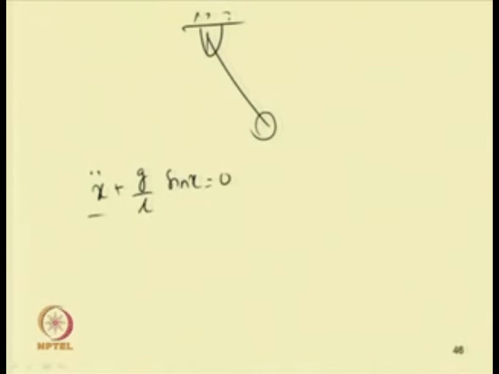Another example you can take is the simple pendulum. The equation is x double dot plus g by L into sin x equal to 0. In this case you can expand the sin x term and plot the response of the system. With this we complete the stability and bifurcation of fixed point response.